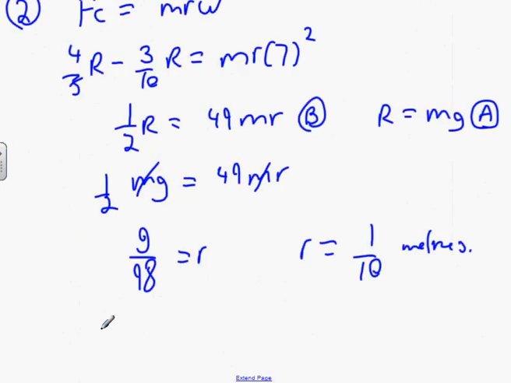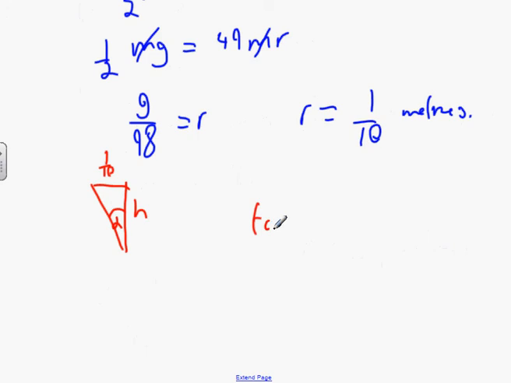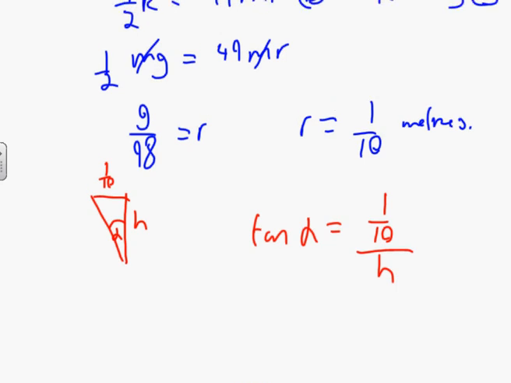If you will, that's r. We know that r is 1/10. We know that's alpha, and we know that's h. Tan alpha equals opposite over adjacent, 1/10 over h. What is tan alpha? It says in the start of the question. 3/4, thank you very much.